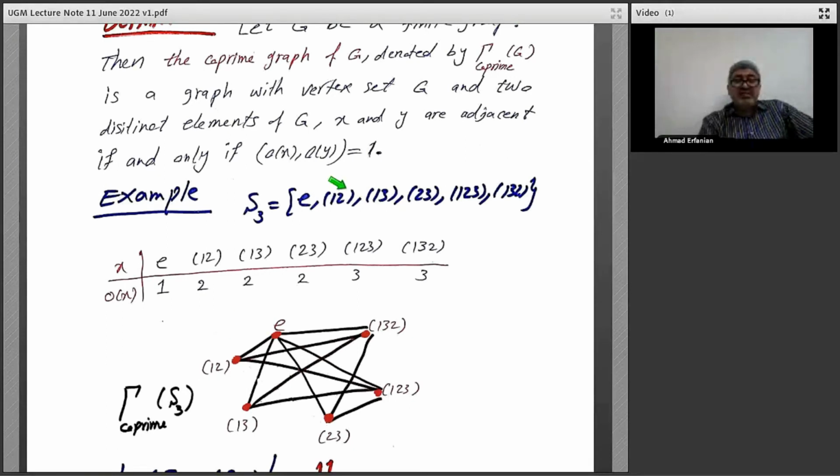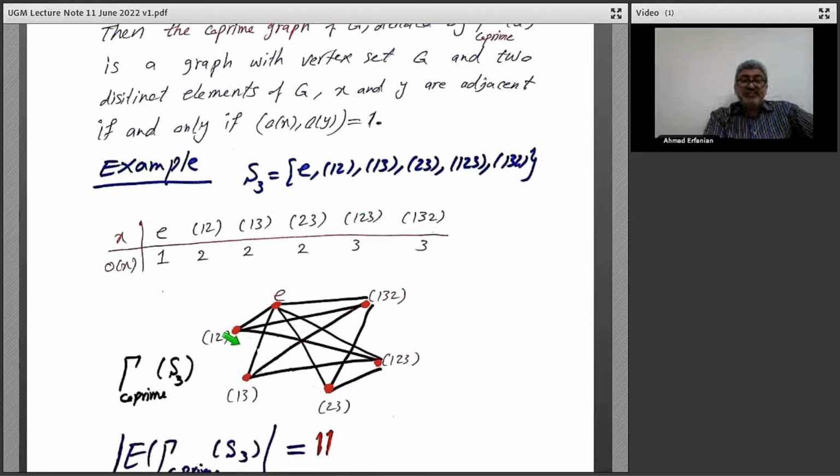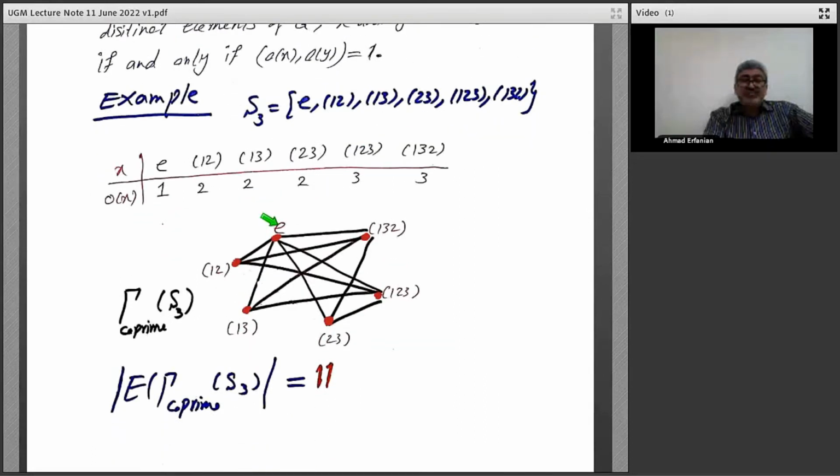As an easy example, if you look at the symmetric group S3, we have 6 elements here, so you know the orders of these six elements.